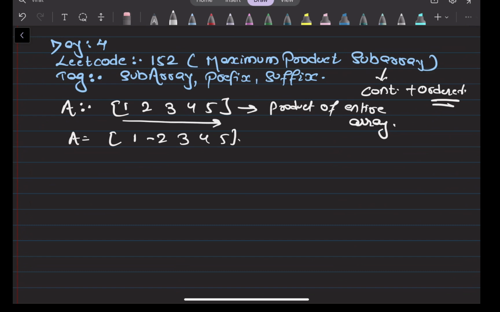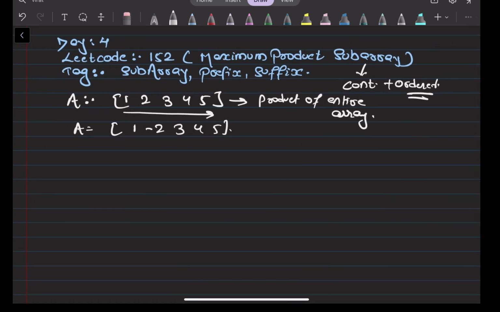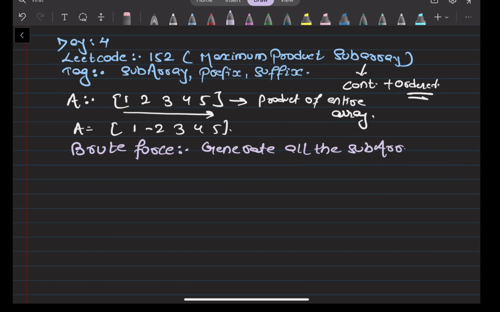So in this case also, what can we do? We can go by the brute force approach. In the brute force approach, we generate all the subarrays, then after generating all the subarrays, calculate their product by maintaining a max.